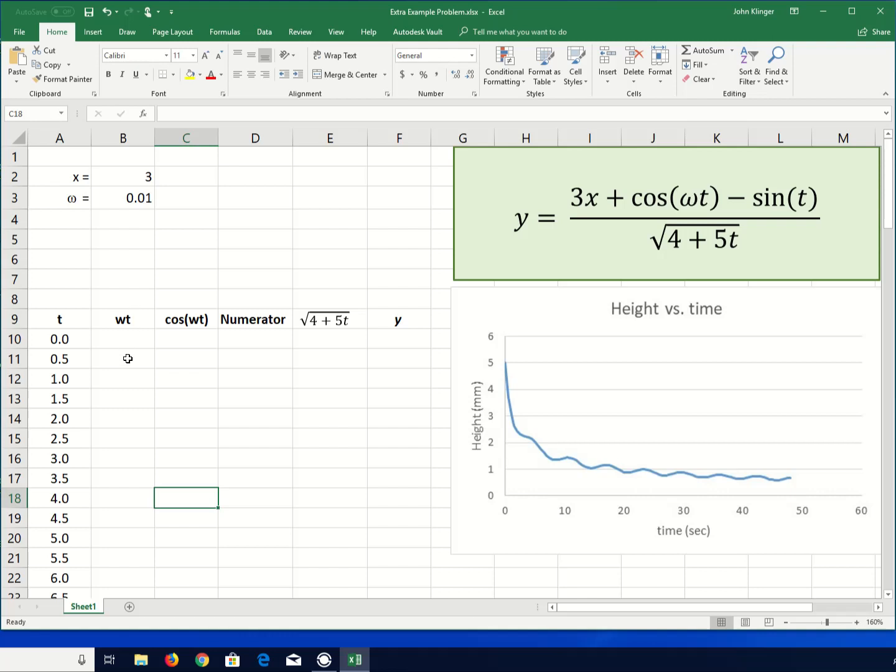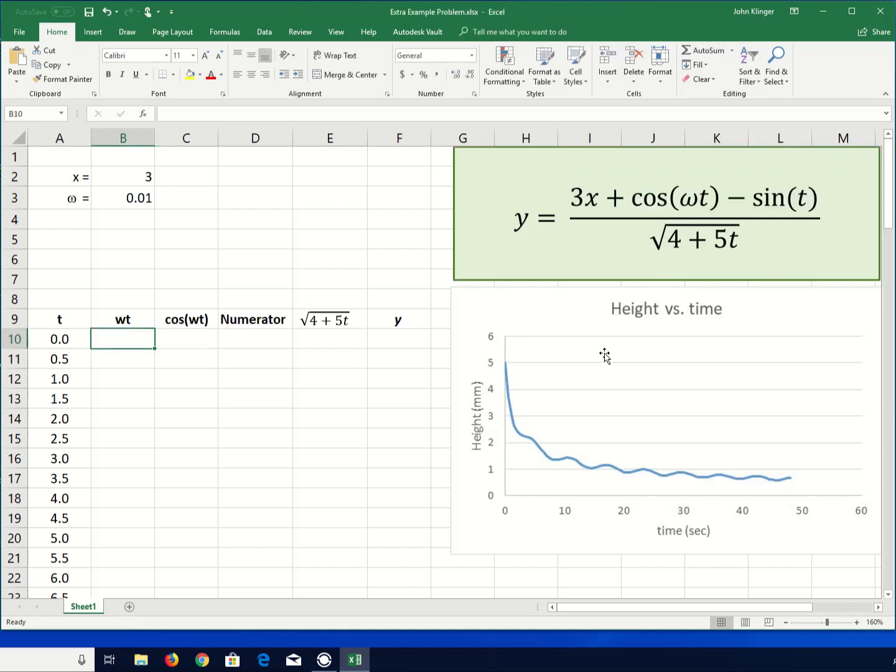So one thing I've solved for is omega t, and then I'm solving for cosine of omega t. And then I can calculate my numerator. My numerator is just going to be the upper part of this equation up here. So let's just set this up.